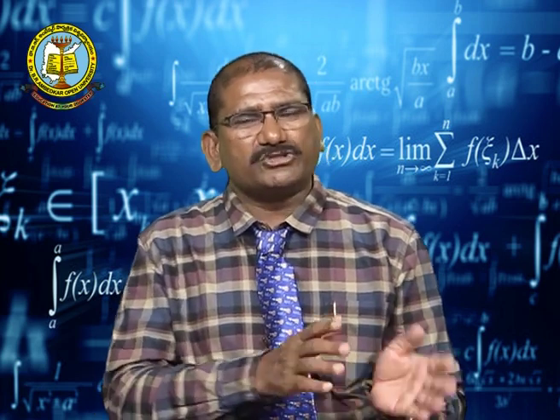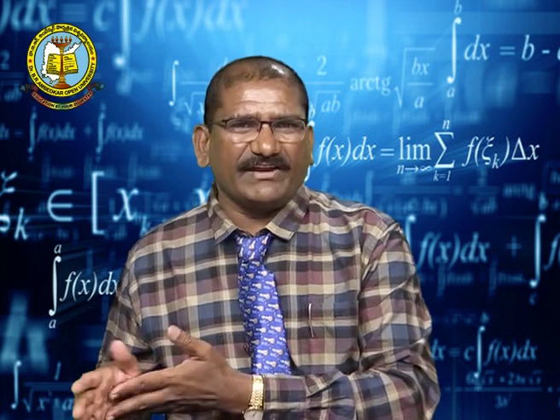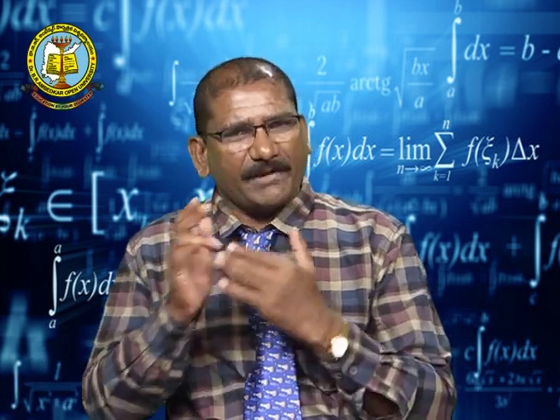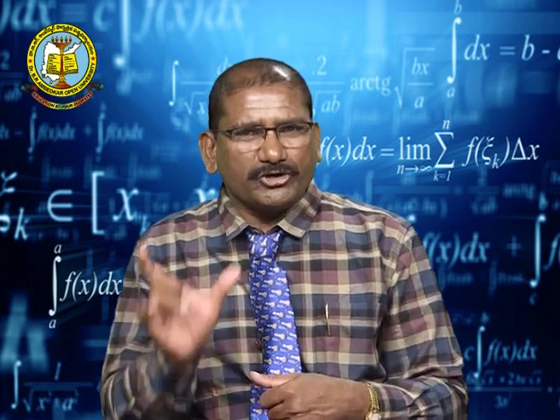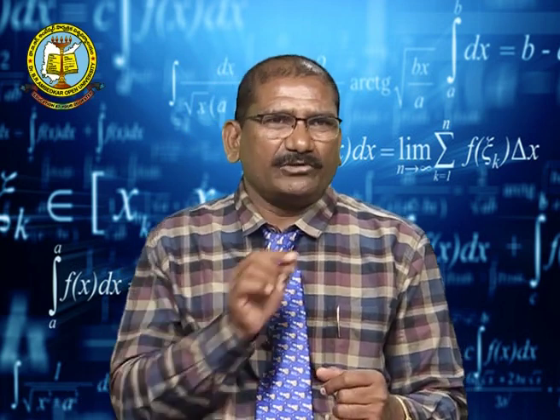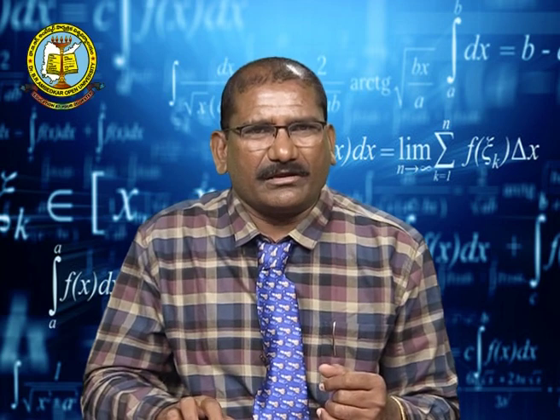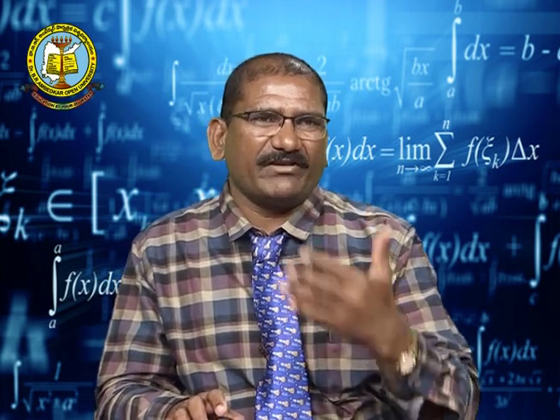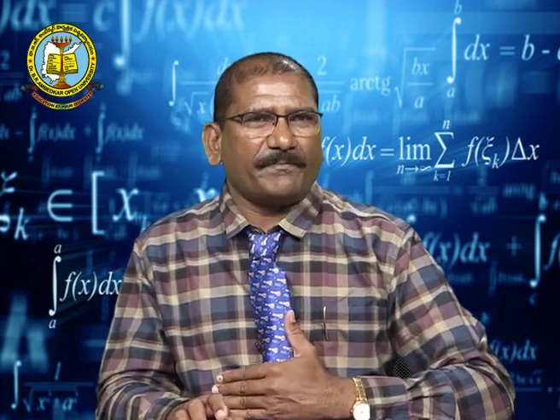Here in the homogeneous case we identify the complementary solution, and in the non-homogeneous case we identify the particular solution. In the non-homogeneous case, both the complementary solution and particular integral should be identified, and if we sum both, that is called the general solution. Next, the operators are used for type 1, type 2, type 3, type 4, all the cases of finding particular integrals in the non-homogeneous equation.